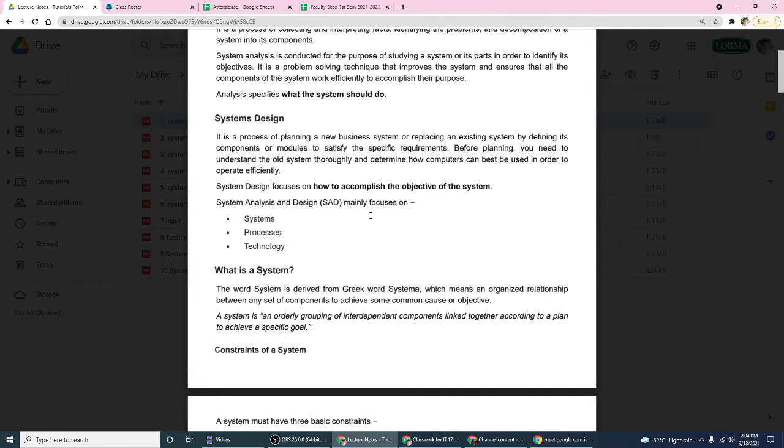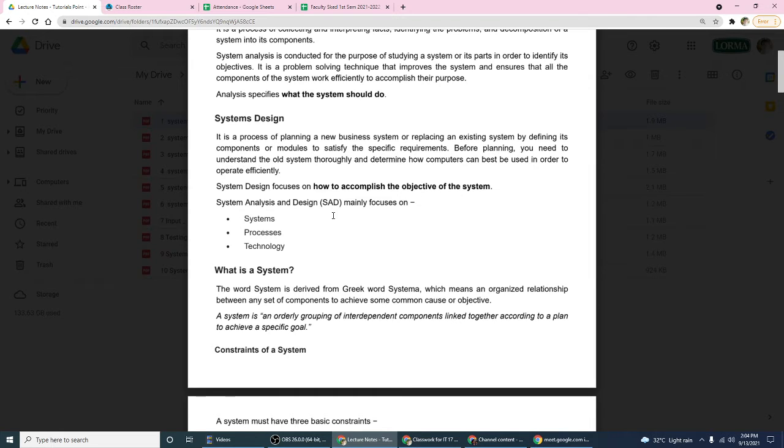In this subject, you will be creating a sample document, the manuscript of your capstone project. That is an example.